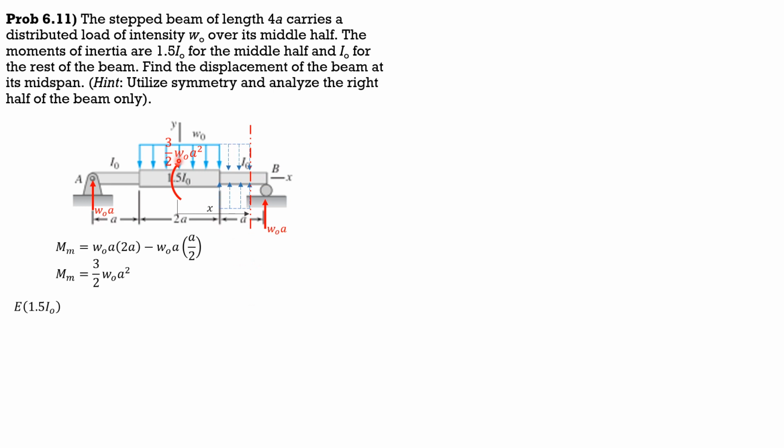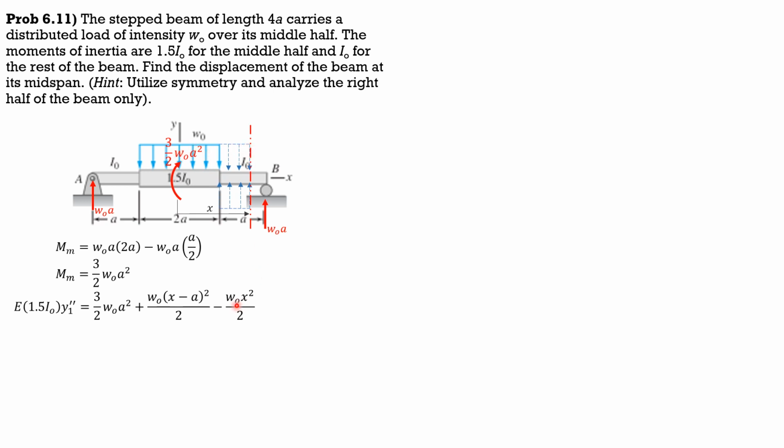So A times 1.5 EIO y1 double prime is equal to 3 halves WOA square plus WO times quantity x minus A, the length, square over 2, because WO times x minus A over 2. Then minus WO x times x over 2.